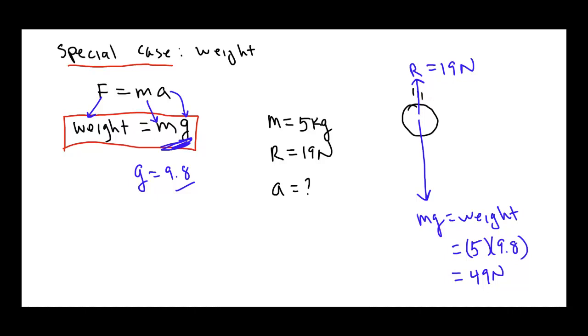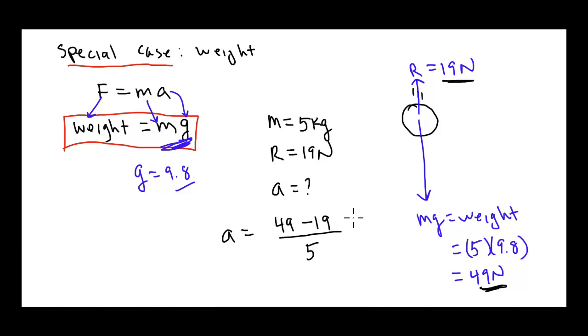I can do it now. The acceleration is force over mass. Well, what's the force? The downward force here is 49 newtons. But there's an upward force of 19 newtons, right? Those are opposite one another. So the force is going to be 49 minus 19 over the mass, which is 5. This is A equals F over M, right? That's what I've done here.